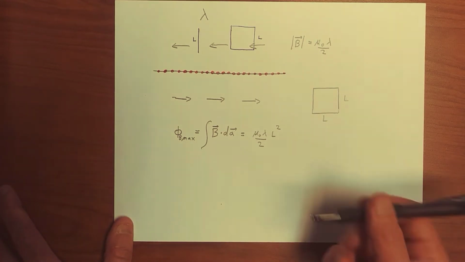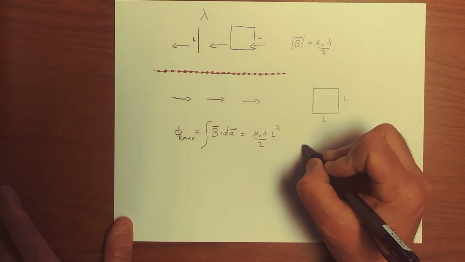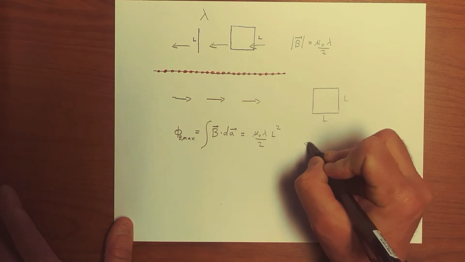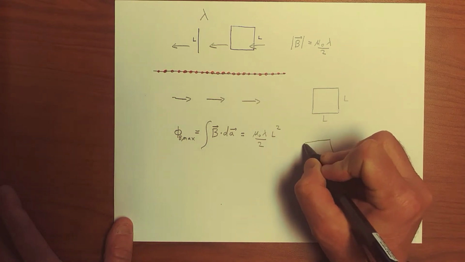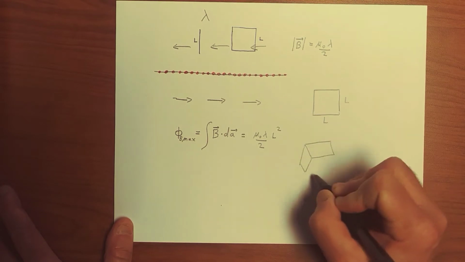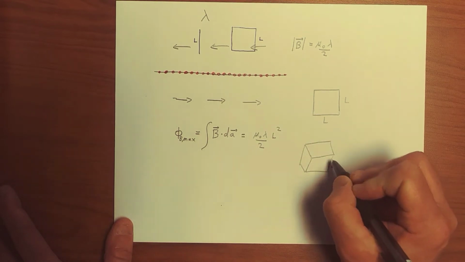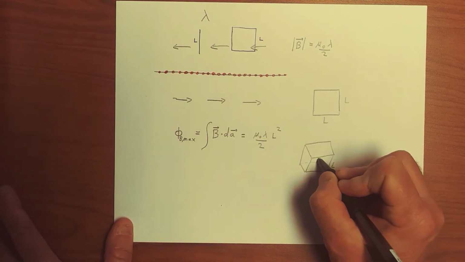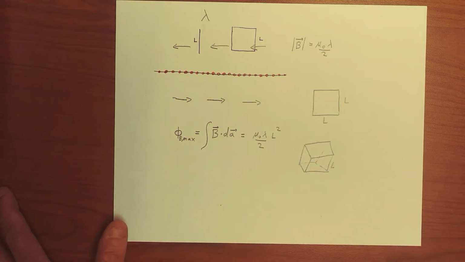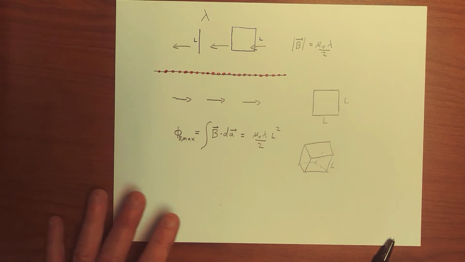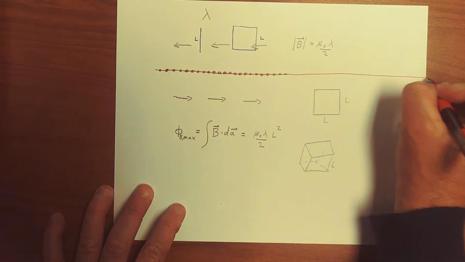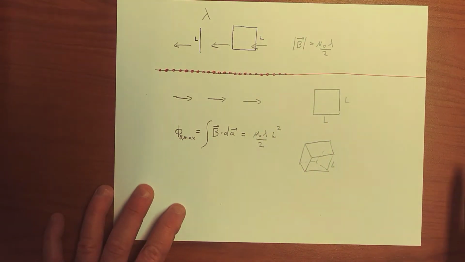Now let's imagine that we have a cube. It could be a cube of side L, so all the sides are of length L, something like that, and we'll put the cube over here, so we'll make it blue.